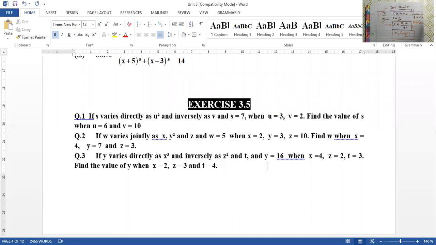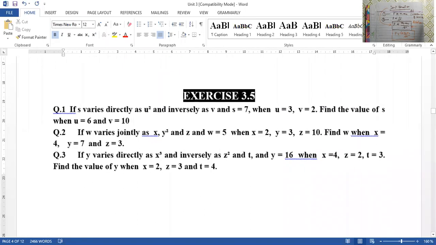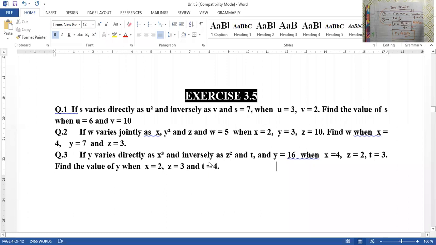I just want to make it a little bit enlarged so that you can see it more clearly. Okay, read with me. In the first question, it is written S varies directly as U square and inversely as V. So just let me write the statement according to the question. I am talking about exercise 3.5, the very first question, because these are word problems, so I want all of you to read the statement. I am sharing the screen with you as well.